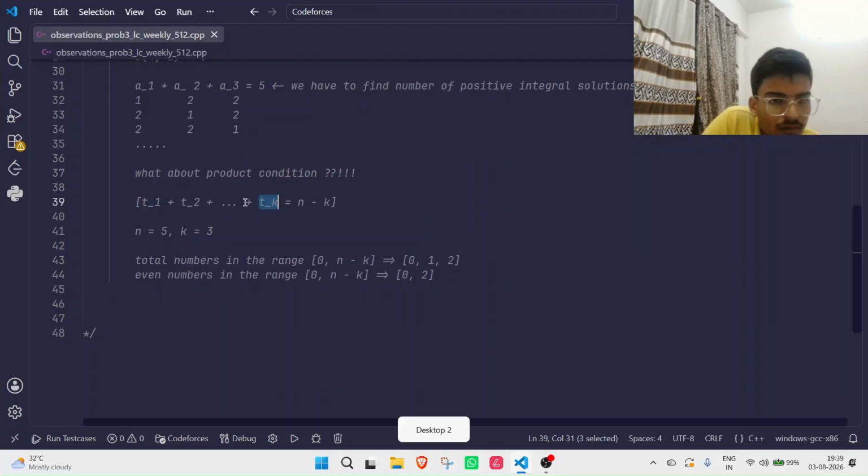Let's suppose tk minus 1 takes the even value, again 2 ways, and the rest all 1. And so on we can do this for k elements: 2 ways, 2 ways, 2 ways. And each one of the rest has only one way, for one condition.